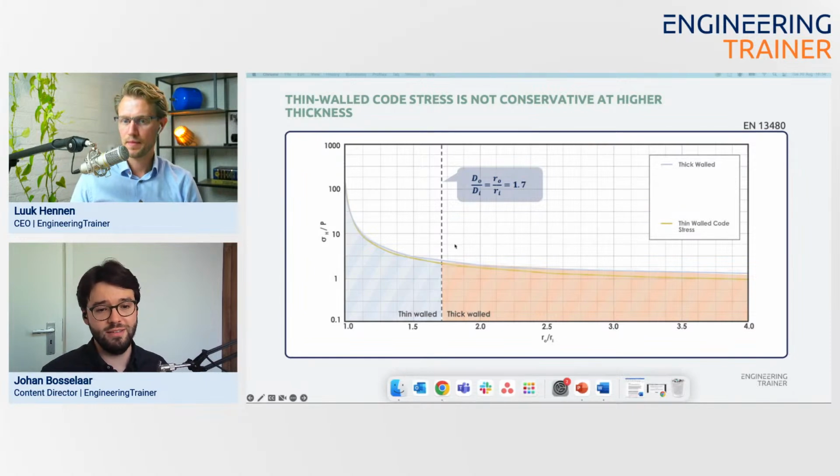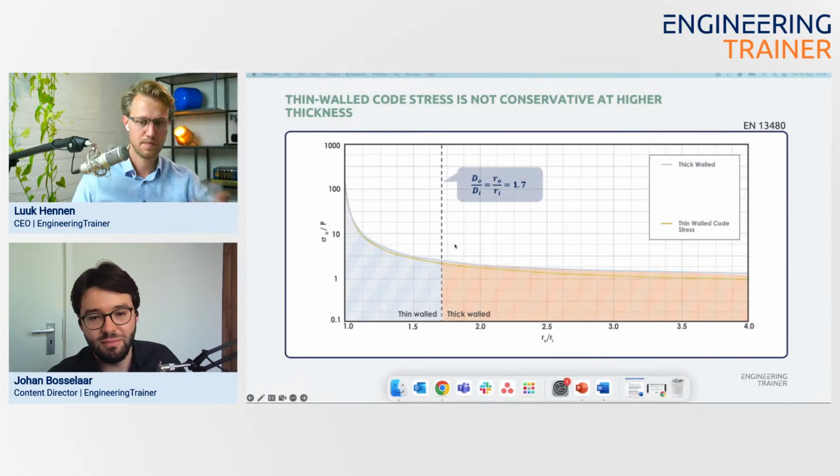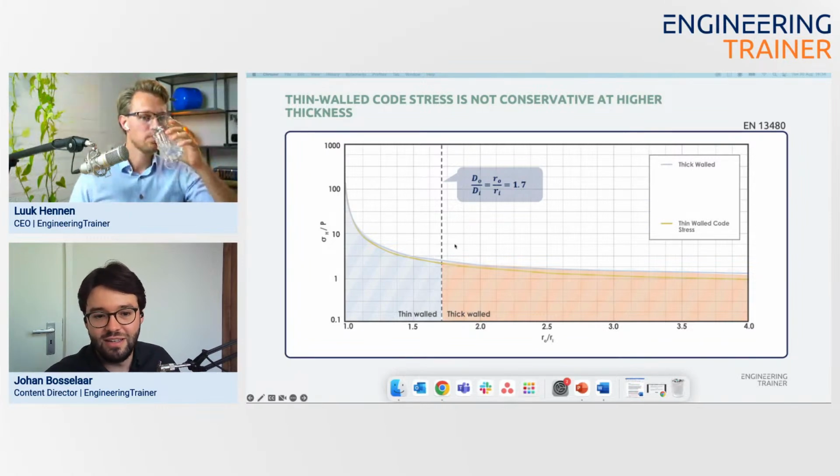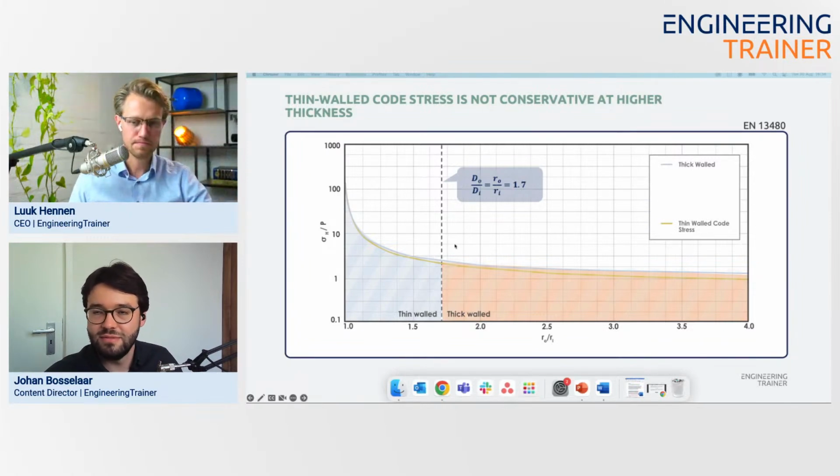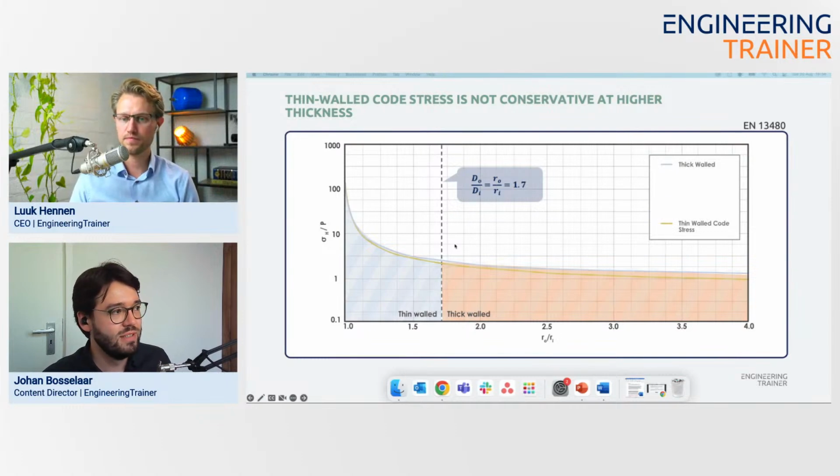That's pretty thick, right? So that's 1.7. That means that for a DN100 pipe, a 100 millimeter pipe, you would need a wall thickness of 70 millimeters. So that's quite a thick pipe already.